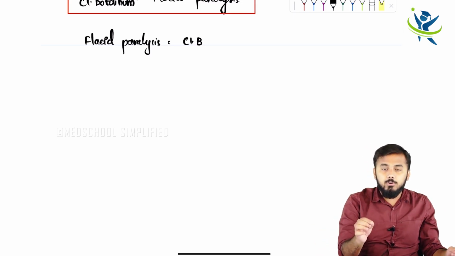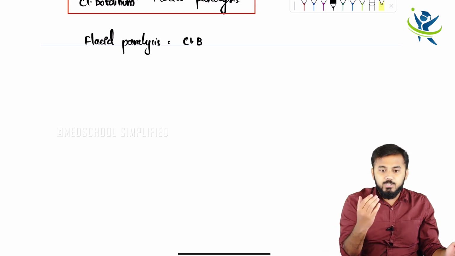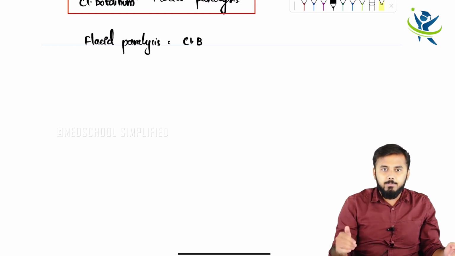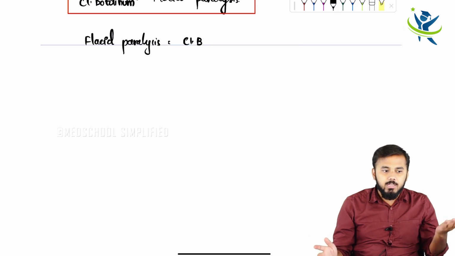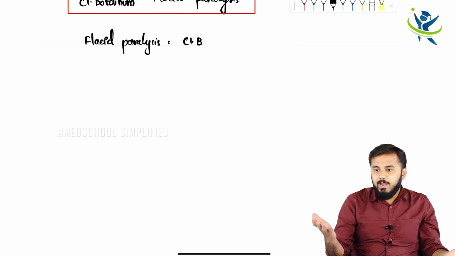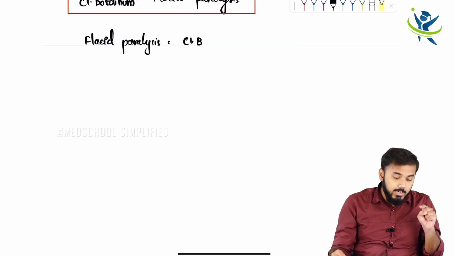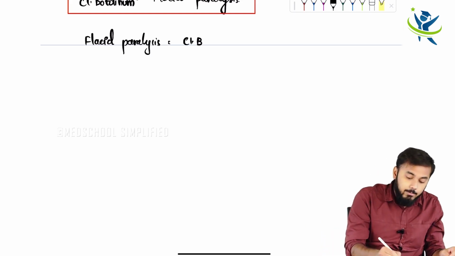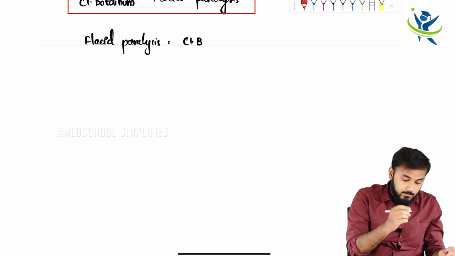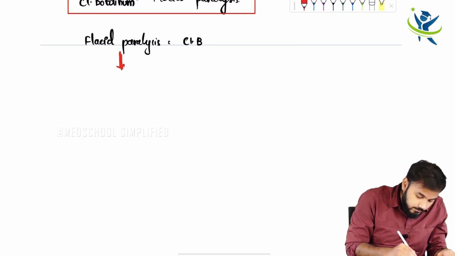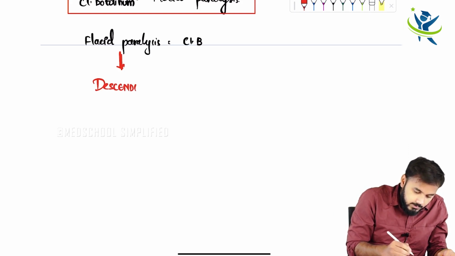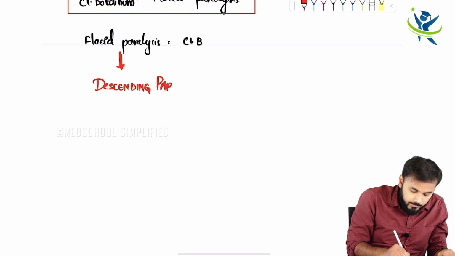Because even in Guillain-Barré syndrome, you have got flaccid paralysis. So just by looking at the patient having flaccid paralysis, how am I going to differentiate between Clostridium botulinum and Guillain-Barré syndrome? How am I going to differentiate is that in Clostridium botulinum, this type of paralysis is called descending paralysis.